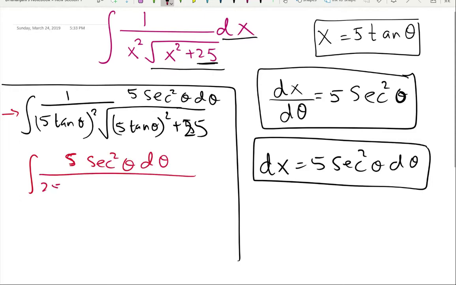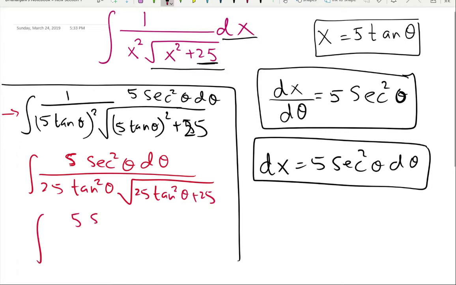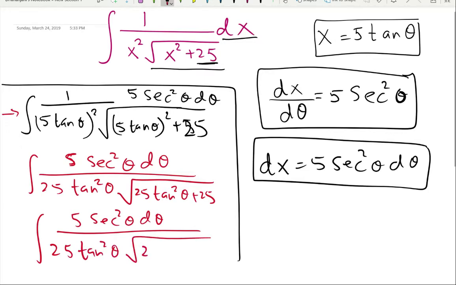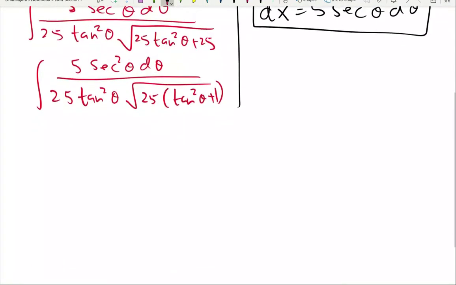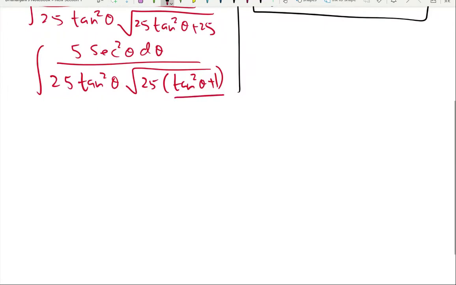So here this will be 25 tangent square theta plus 25. Now we can factor 25 inside the square root. So here 25 times tangent square theta plus 1, if you factor 25, right? Now what is tangent square theta plus 1?